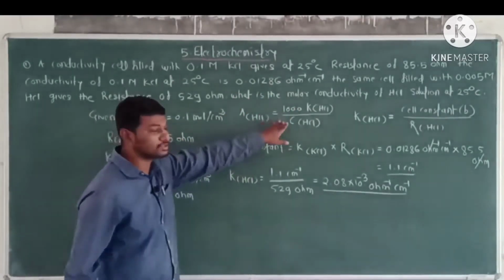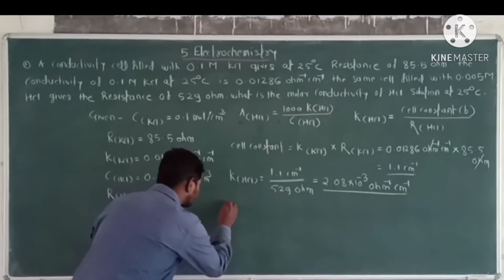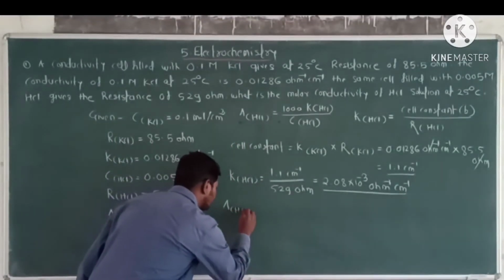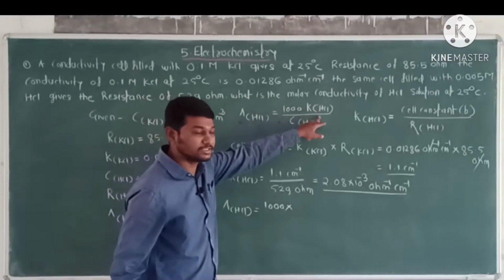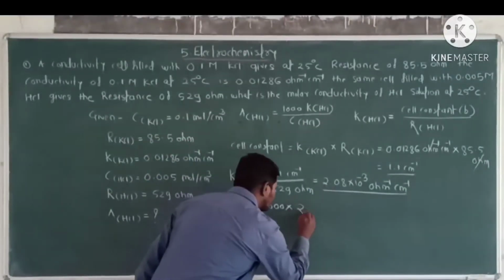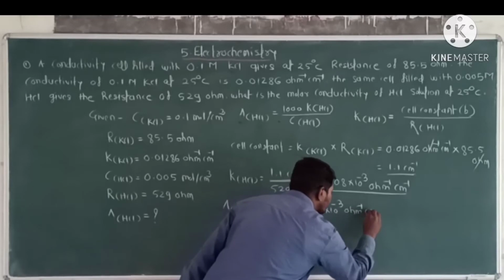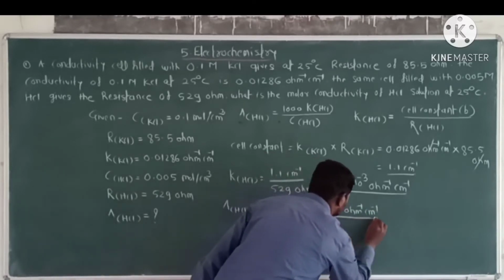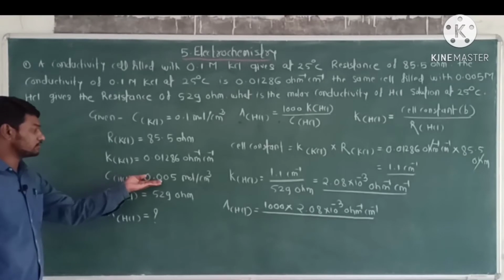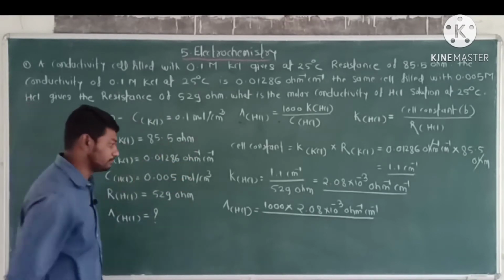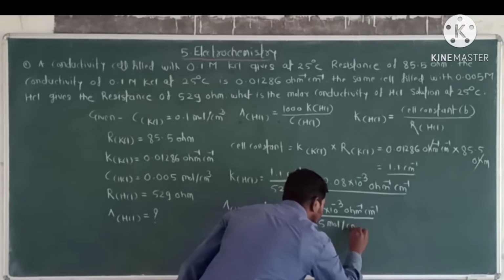Put the values in the equation: molar conductivity of HCl is equal to 1000 into conductivity of HCl, 2.08 into 10 raised to minus 3 per ohm per centimeter, divided by concentration of HCl, that is 0.005 mole per centimeter cube.